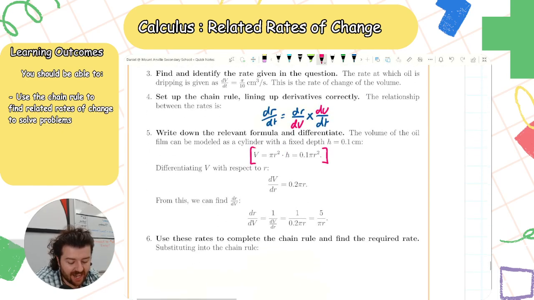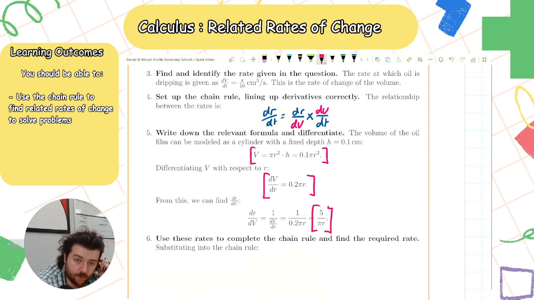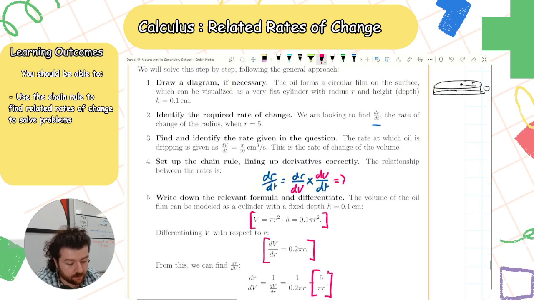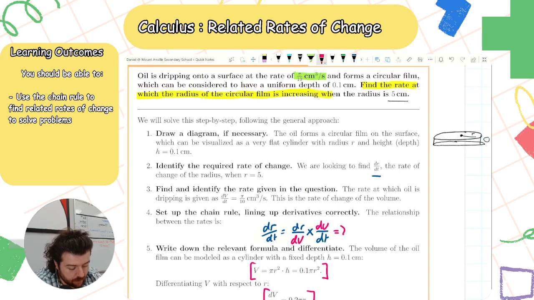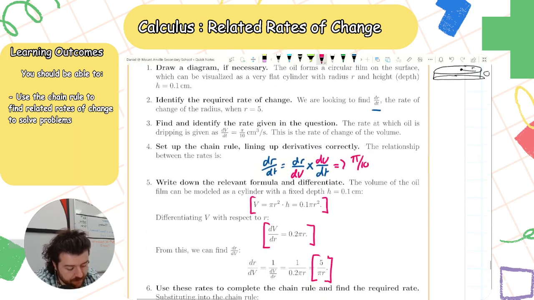Then differentiating V with respect to r, I have dV/dr, which is equal to 0.2πr. Now to find dr/dV, I flip it over. So 1 divided by this, I get 5 over πr. Now I have dr/dV, and I have dV/dt from the top of the question, which is equal to π/10.